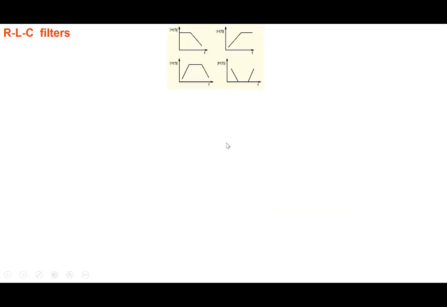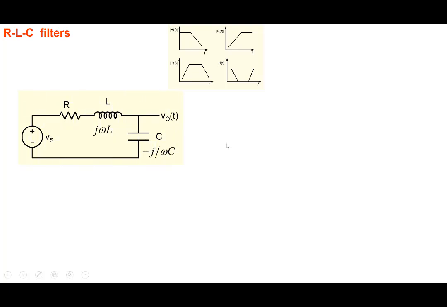Okay, so we had seen earlier that these are 4 classes of filters. Here is a low pass filter, high pass filter, band pass filter, and band stop filter. So we have seen that these RLC circuits can provide us with very high selectivity, with very sharp attenuation away from the resonant frequency here.